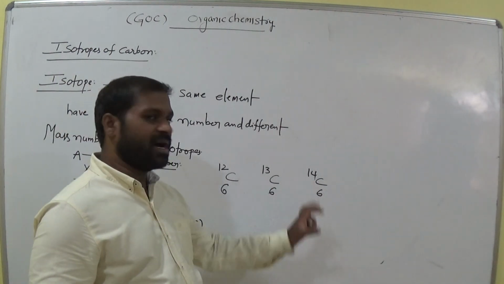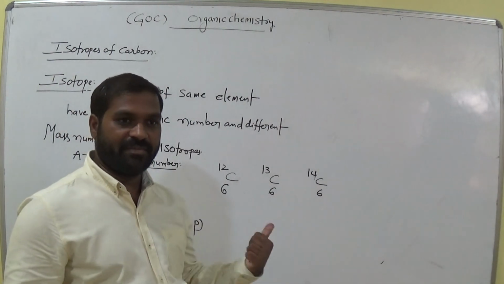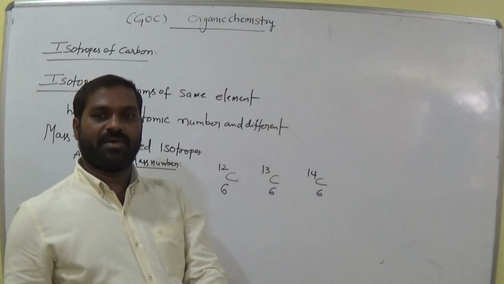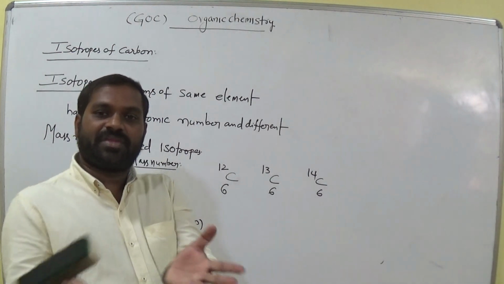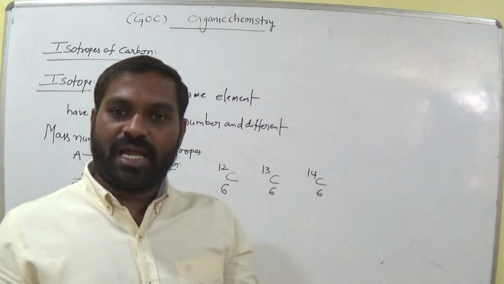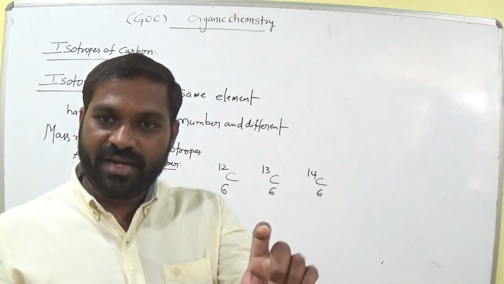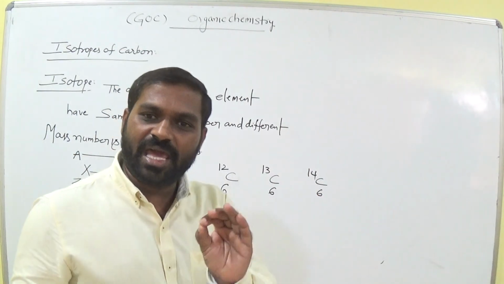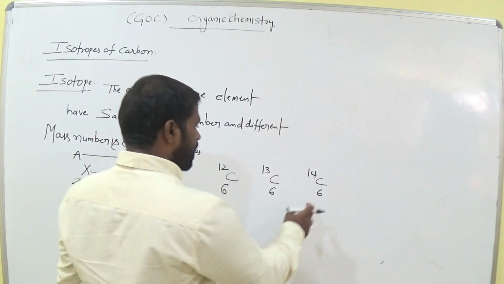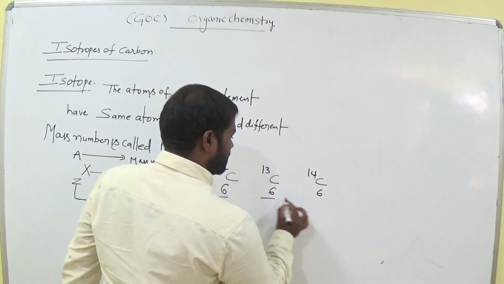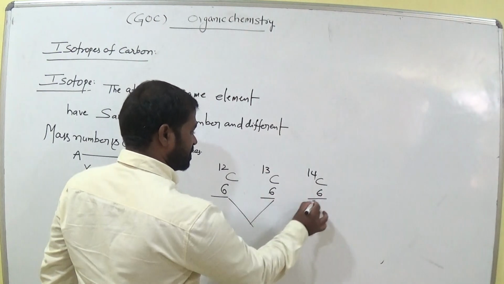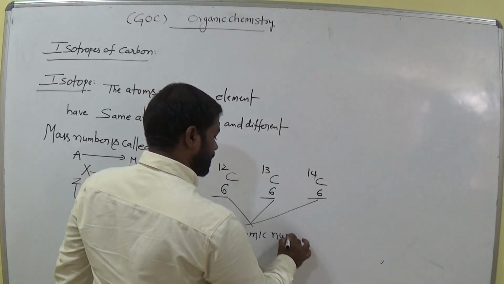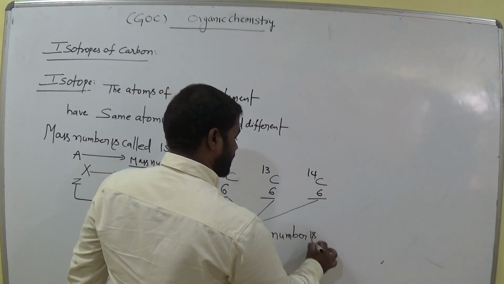Element means a combination of identical atoms, am I right? So carbon is the element, it consists of a number of carbon atoms, remember that. All are having the same atomic number, 6, am I right?